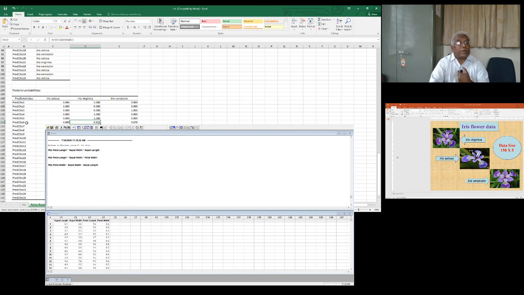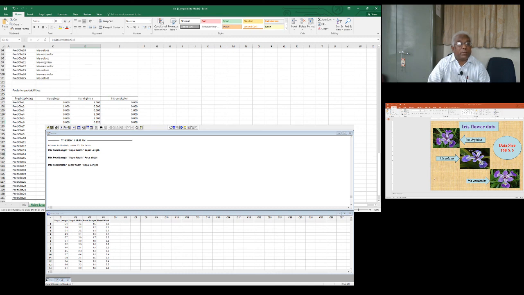So it's a 92% chance that this flower is virginica, whereas there is an 8% chance that it can be versicolor. But the majority carries the classification. Being 92% is a very high probability, the algorithm has classified this observation as virginica. You can see there are others also.